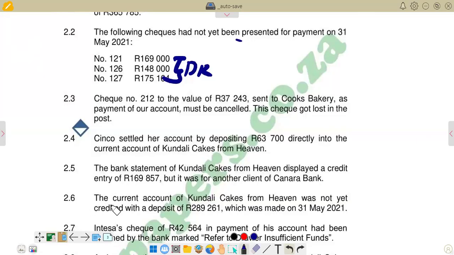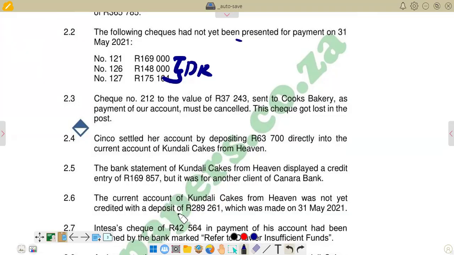This is 2.6 now. The current account of Kundali Cakes from Heaven was not yet credited with a deposit of 289,261, which was made on 31 May 2021. So what does it mean? If it's presented like this, it means this deposit does not have any problem. If there's a problem, the explanation will tell.